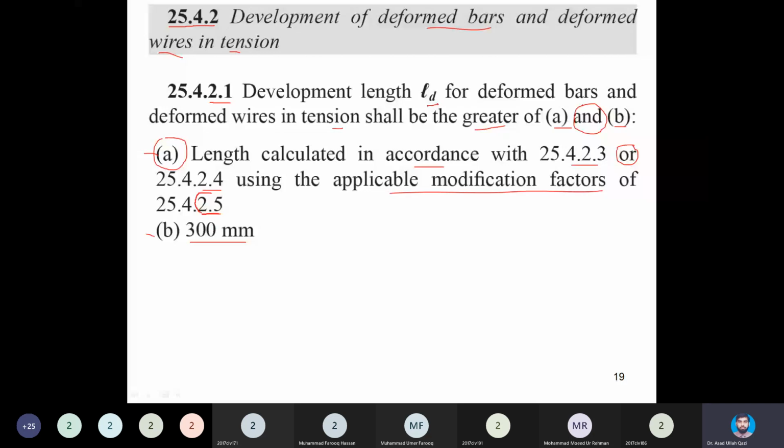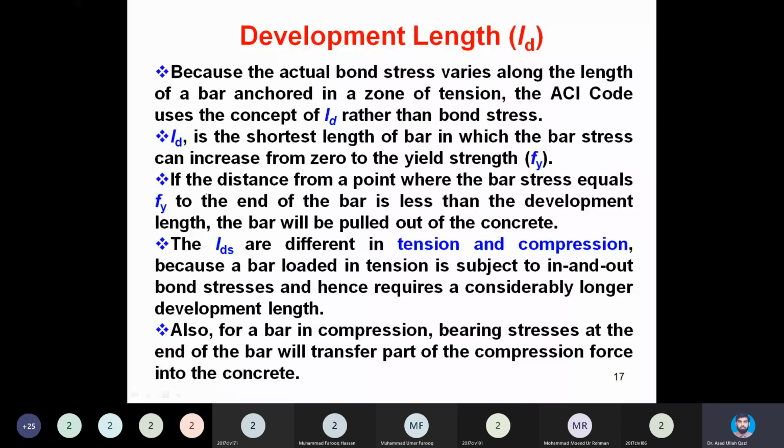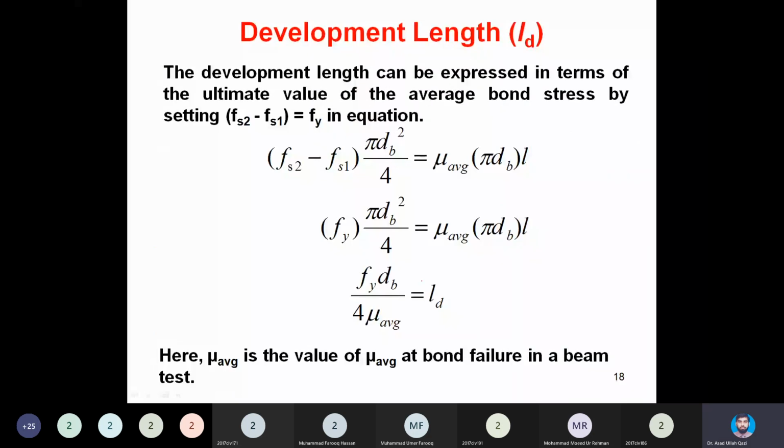It is minimum. If you recall, we mentioned somewhere in the paragraph, on slide number 17, that LD is the shortest length of the bar in which bar stress can increase from 0 to yield strength. So I can say like this, that LD will be greater than or at least equal to, in this way.